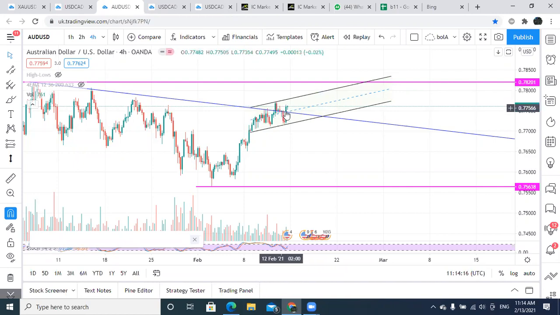And I want to continue to be a buyer of this until we get to this particular target over here. Then I'll make a decision to either change my bias.